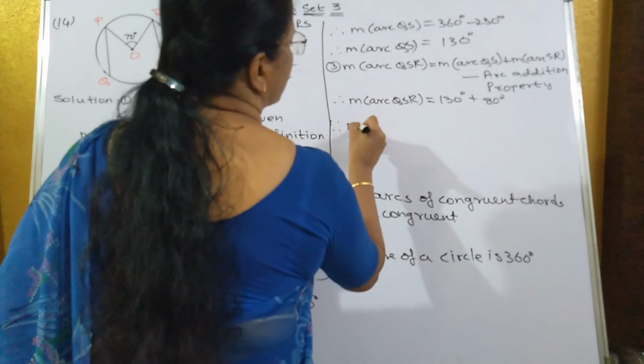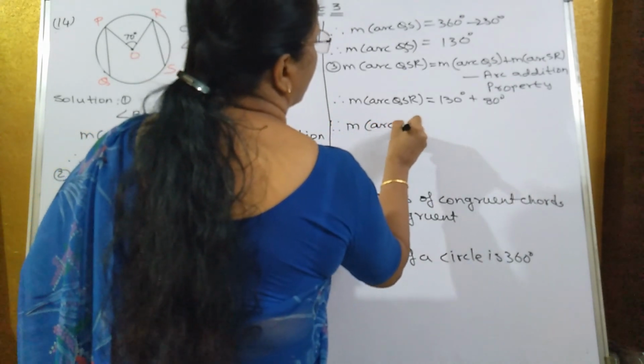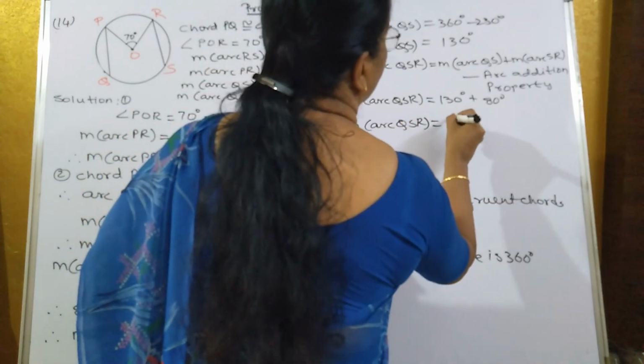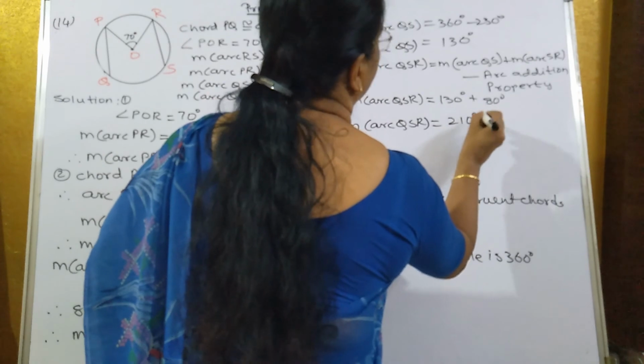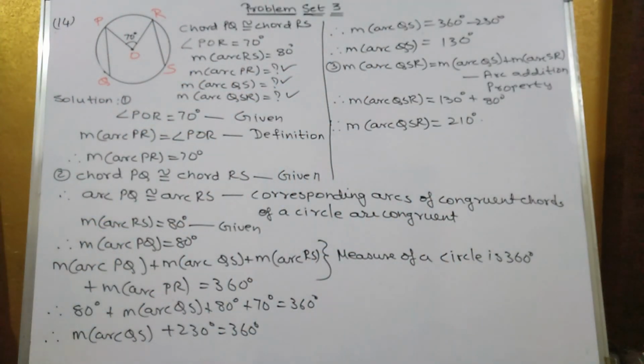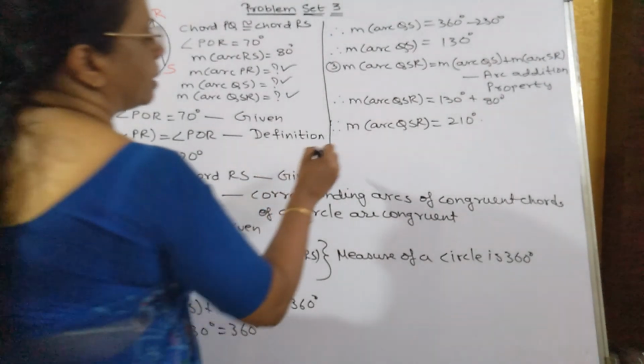Therefore, measure arc QSR is equal to how much? 210 degree. So we have got the third one also. So measure arc QSR is equal to 210 degree.